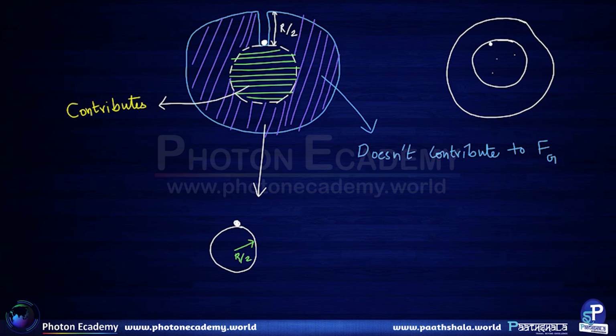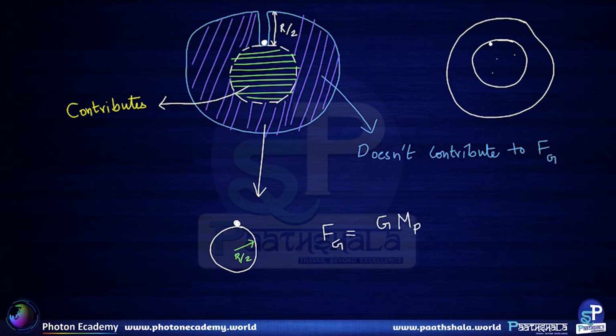So the gravitational force Fg on this body is going to be G times the mass of this particular object, let's say it is mp, and the mass of the body, divided by the distance between the centers of mass of this planet and the body, which is r by 2 squared.